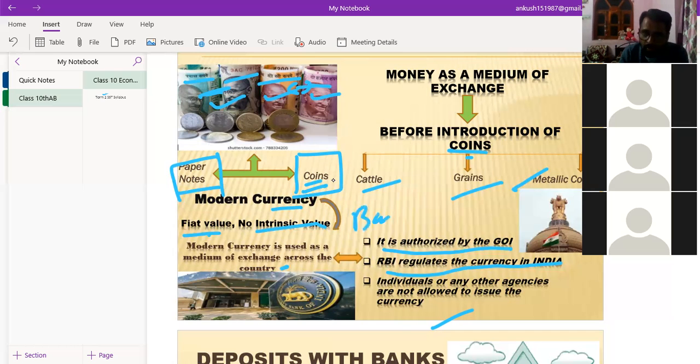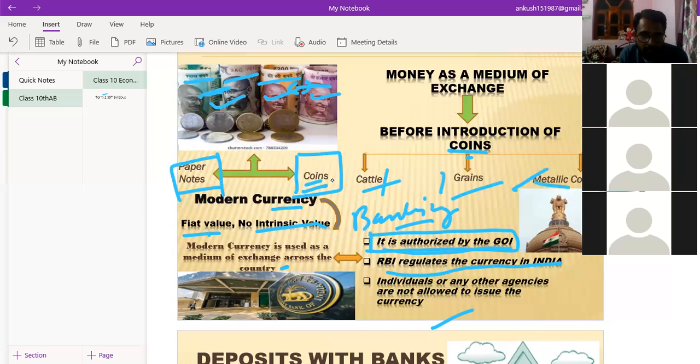Actually, now we will enter into it. The banking sector is now accepting the money which is authorized by the government of India. If you go to the bank with cattle, grain and metallic coins, it is another matter.